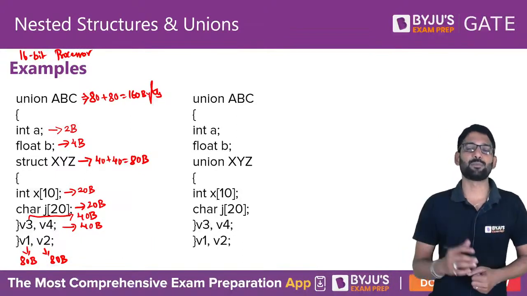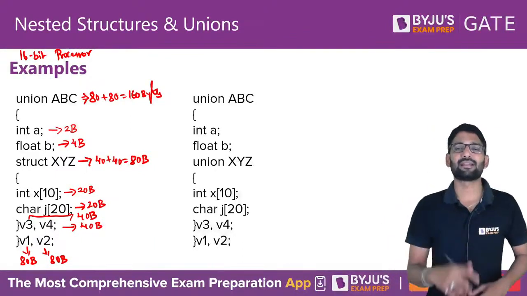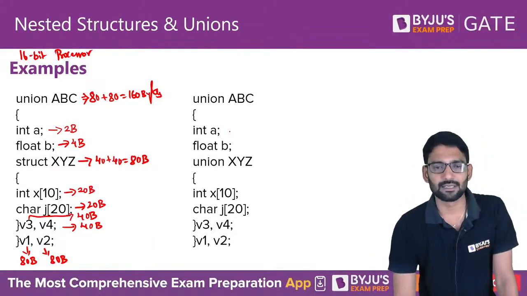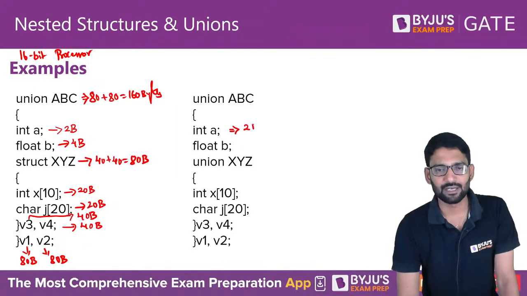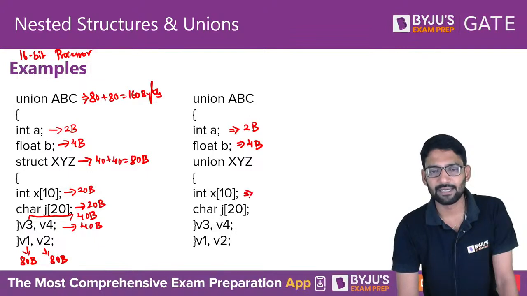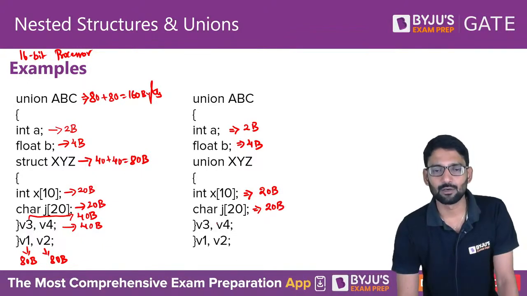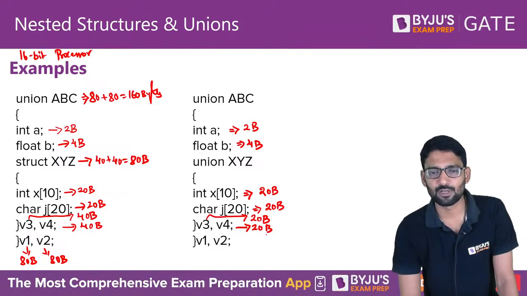Now the last combination, union inside another union. Let us analyze. For A 2 bytes, for B 4 bytes, for int x of 10 20 bytes, for j of 20 20 bytes. Now for V3 max of 20 comma 20, 20. So for V4 also 20.